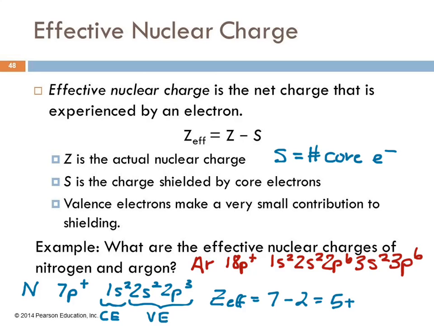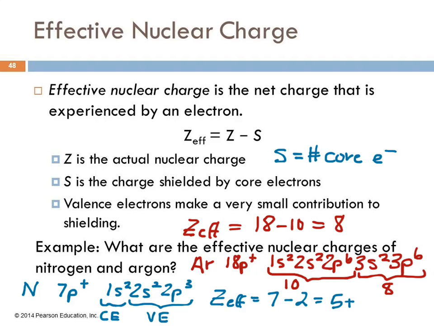How many core electrons does it have? It's got 10, right? There's 10 core and 8 valence. So the effective nuclear charge for argon is going to be 18 minus 10, which equals 8. Which is bigger, 8 or 5? 8.